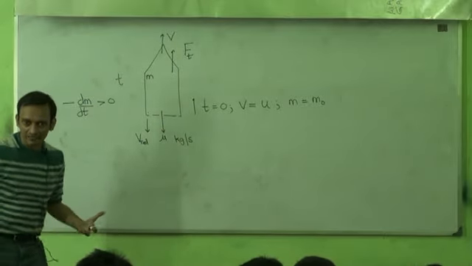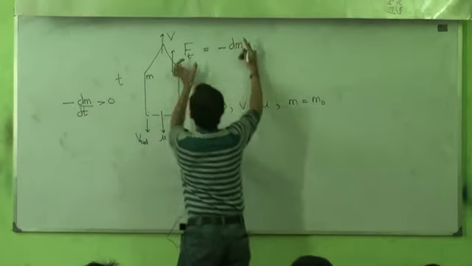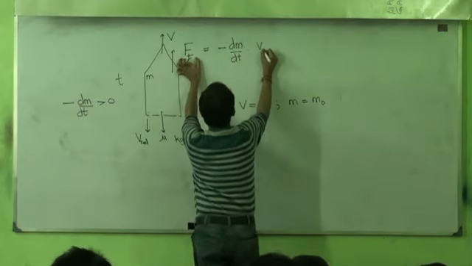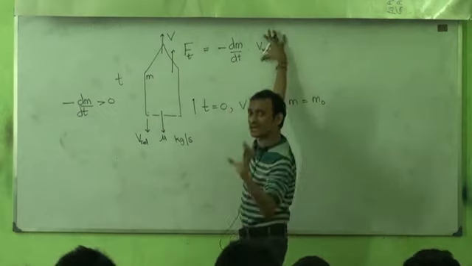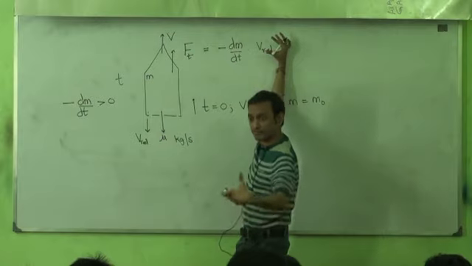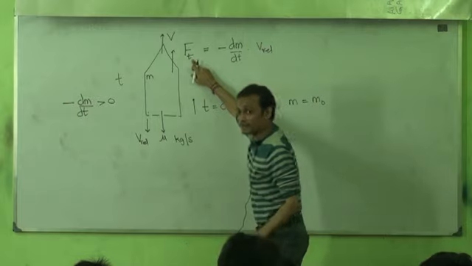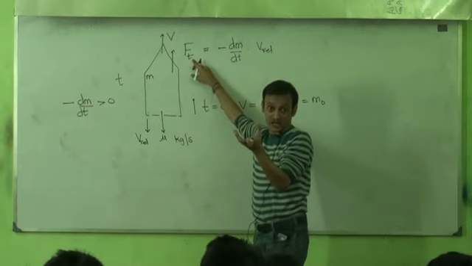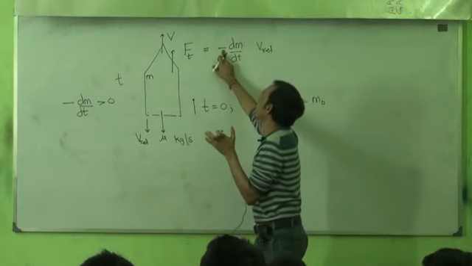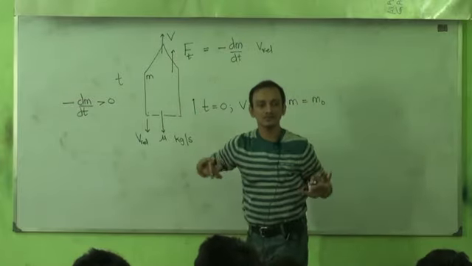Because dm/dt is negative. I have to make it positive because I am looking at the magnitude of the upward thrust. So minus dm/dt into vrel. Vrel is a number, the magnitude of the downward relative velocity of the exhaust gases. Ft is the magnitude of the upward thrust, so it must be positive. But dm/dt is negative, so I multiply it with a minus sign to get the magnitude of the upward thrust. Got me?